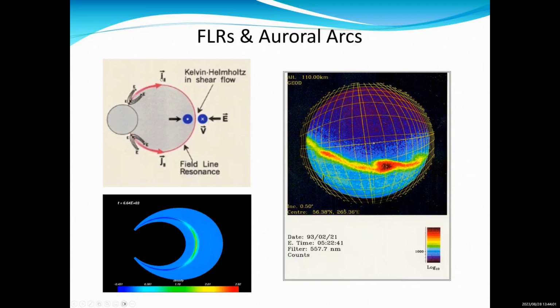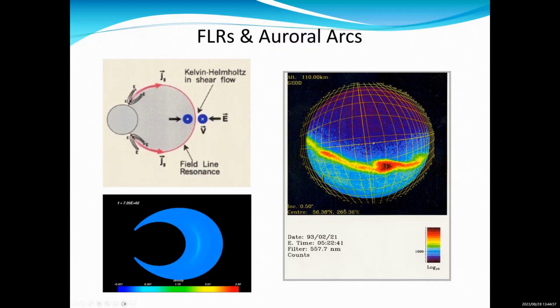A major challenge is to derive the relationship between this current and the parallel electric field. I'm not going to concentrate on it in this lecture. I will just say that whatever that relationship is, it must be sufficient to drive auroral arcs because of the shear flow that exists across the resonant field line. It may drive Kelvin-Helmholtz instabilities within the arc itself.